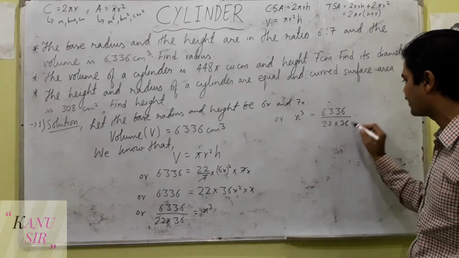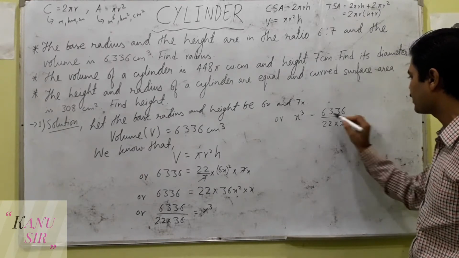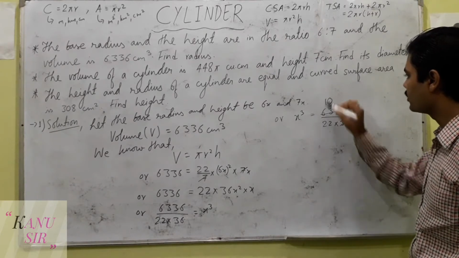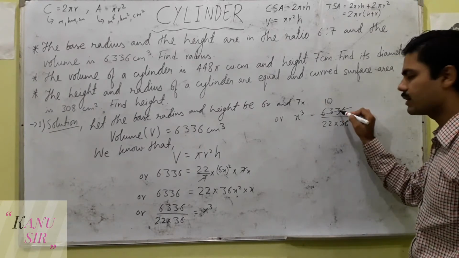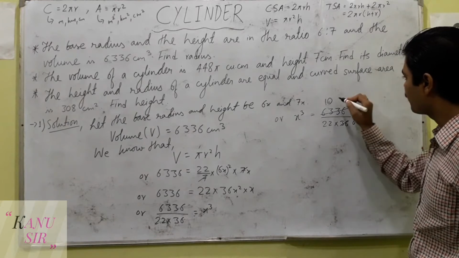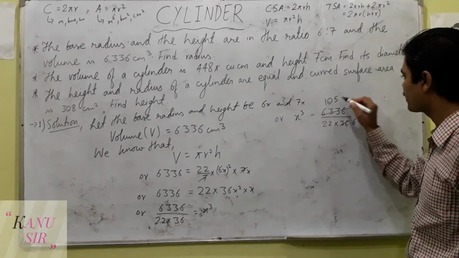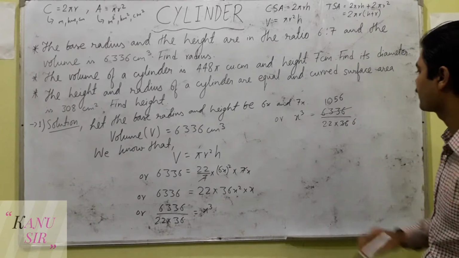Definitely it will be divided by 6. 6 times 6 is 36. 6 times 1 is 6. 3 is not divisible, so 0. And 3 and 3, 33. 6 times 5 is 30, and 3 will be left. 3 and 6, 36. 6 times 6 is 36.